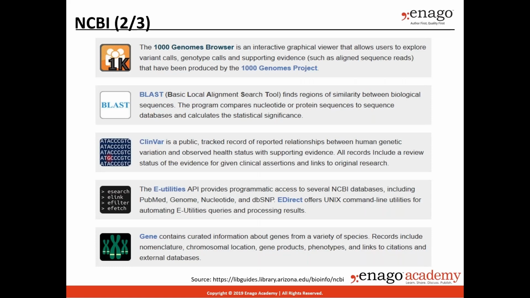So here we have the 1000 Genomes Browser, BLAST, ClinVar, E-utilities, and Gene. All of these, in some way or another, allow you to graphically view, explore, align, look for sequences, annotate, and compare different databases related to the genome and proteomics.